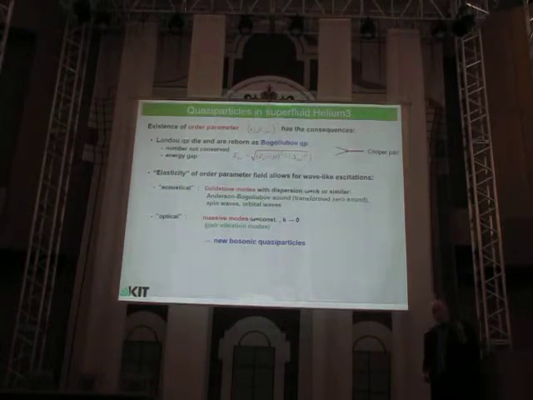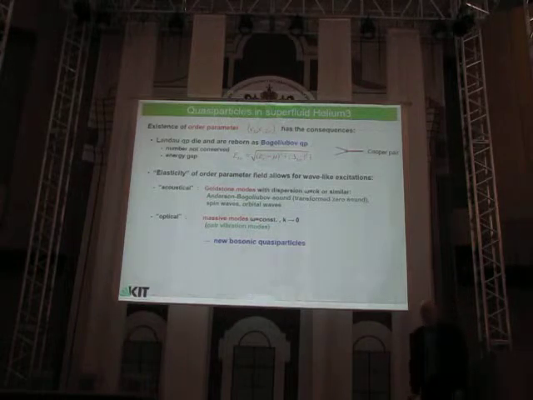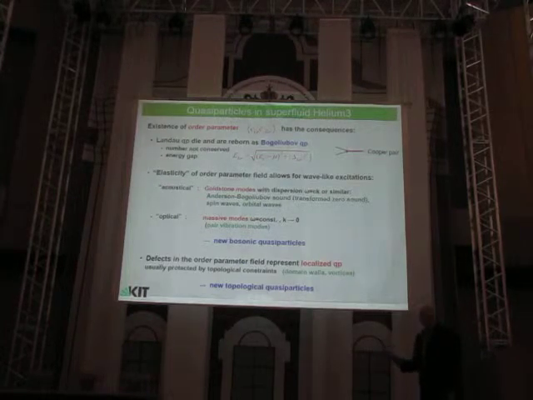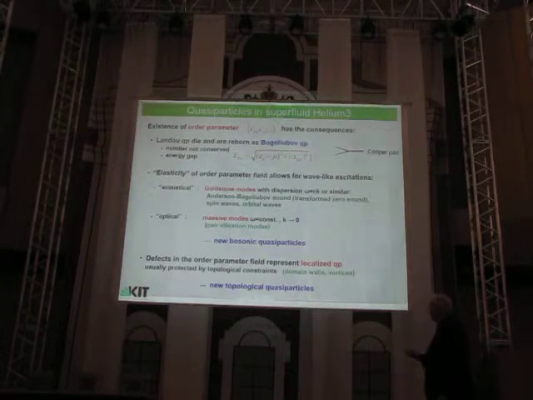But if the Cooper pair has internal structure, there can also be optical modes, which means so-called massive modes, modes which have a finite energy in the limit of momentum k going to 0, also known as pair vibration modes. So we have new bosonic quasi-particles, and in addition, we have another possibility to generate a type of quasi-particle. That is, you can have defects in the order parameter field representing localized quasi-particles. They are usually protected by topological constraints. So we can have domain walls, vortices, and so on.